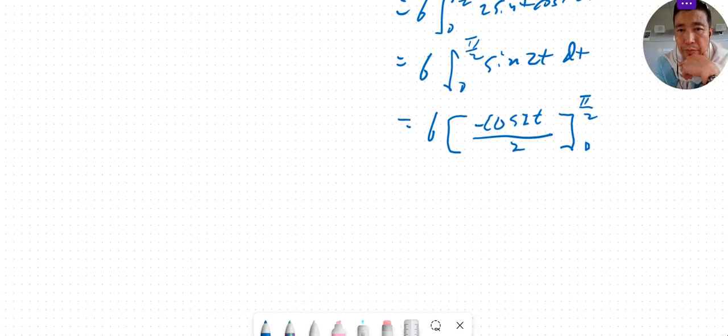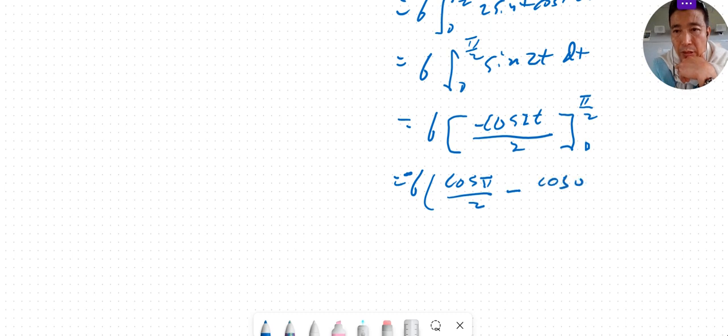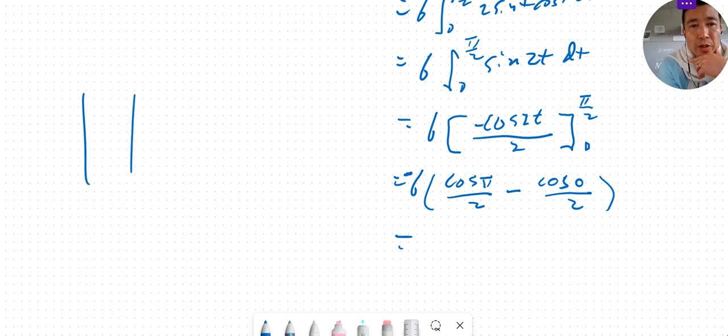So now I can say 6 bracket, I'm going to put minus here: cosine 2t means 2 times pi over 2, which is pi, over 2, minus cosine 0 over 2. By the way, cosine 0 is not 0, it's 1.